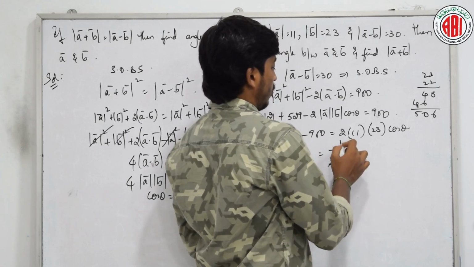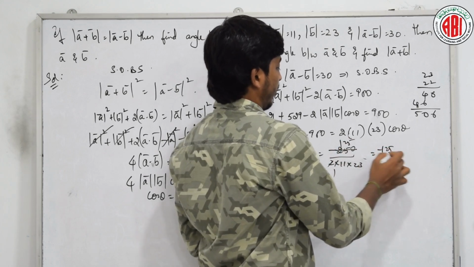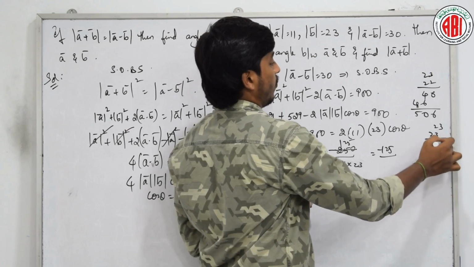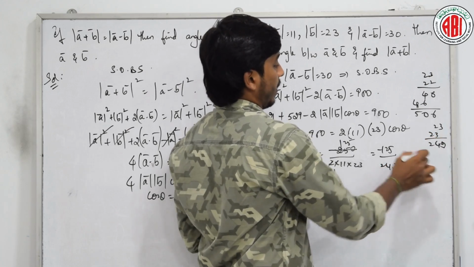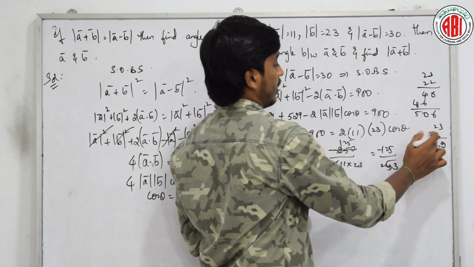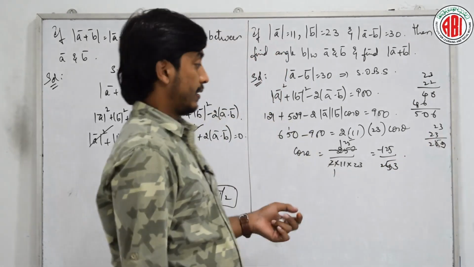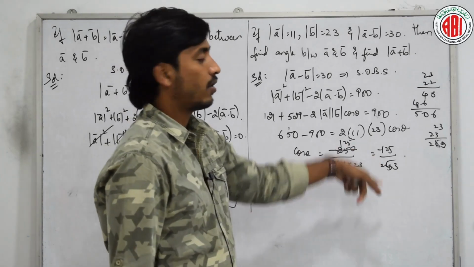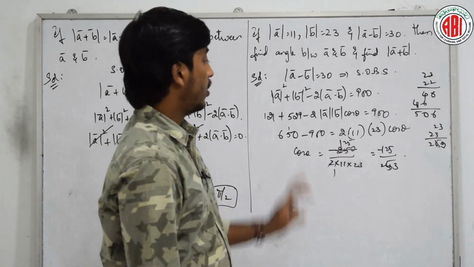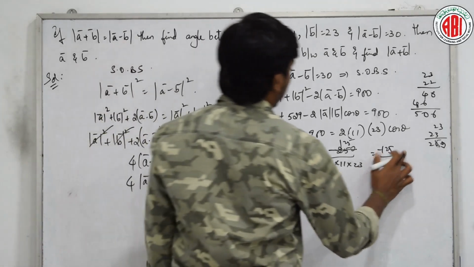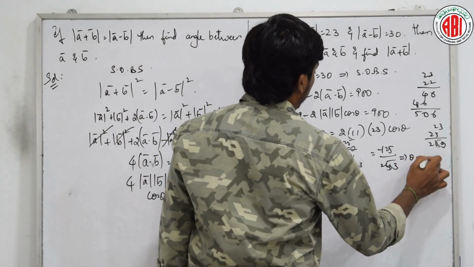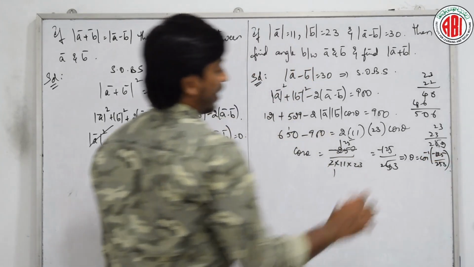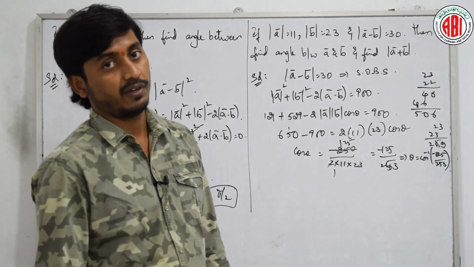Dividing by 2, that is minus 125 over 11 into 23, that is 253. Next, this is cos theta. From that I can write theta is equal to cos inverse of minus 125 by 253, or else pi minus cos inverse of 125 by 253.